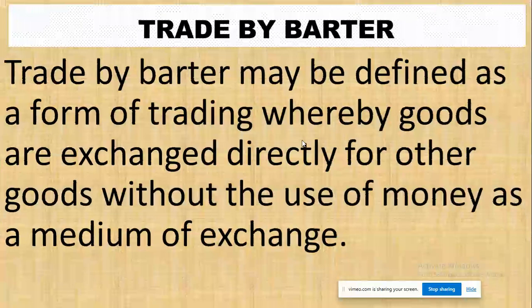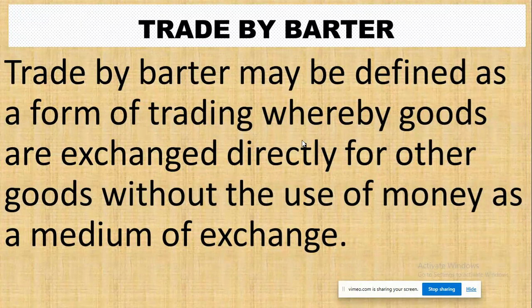Okay, now let's move forward to trade by barter. Trade by barter is one of the oldest means of making transactions or exchange in this country before the arrival of real money. We can explain trade by barter as a form of trading whereby goods are exchanged directly for other goods without the use of money as a medium of exchange.